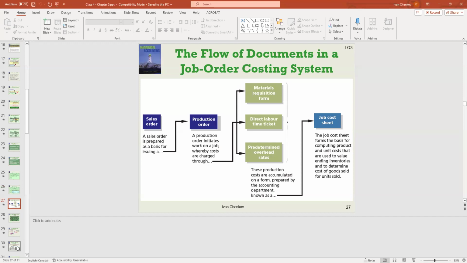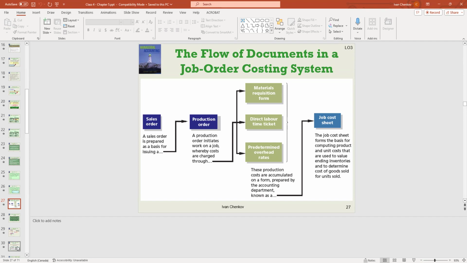So let's see what's the job order documentation flow. I remember the very first class, somebody asked me what's the PO, purchase order. So now the PO is the requisition form for the request for the purchase.